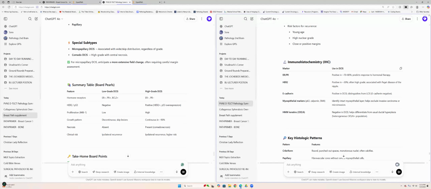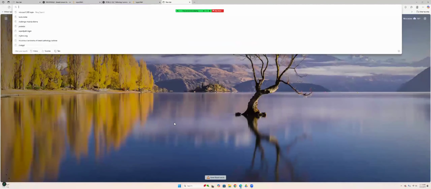CK5/6 is negative in DCIS and positive where? What do you use CK5/6 to do in case of DCIS? To differentiate between UDH and DCIS. Sometimes UDH can resemble DCIS. You know, sometimes diseases refuse to read the textbook. It will look very pale.